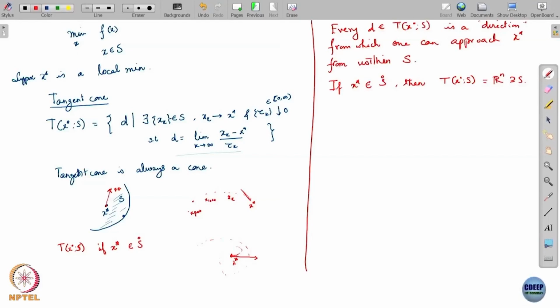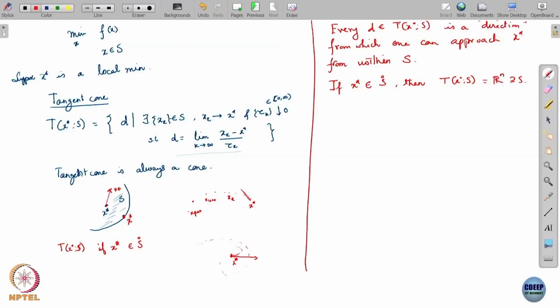So what this means is that for points in the interior, the tangent cone is given trivially. It's always Rn. Now what if the point x star is here on the boundary? Then what would be the tangent cone?